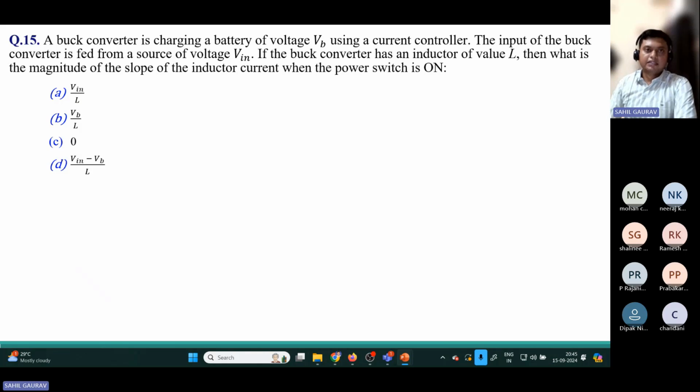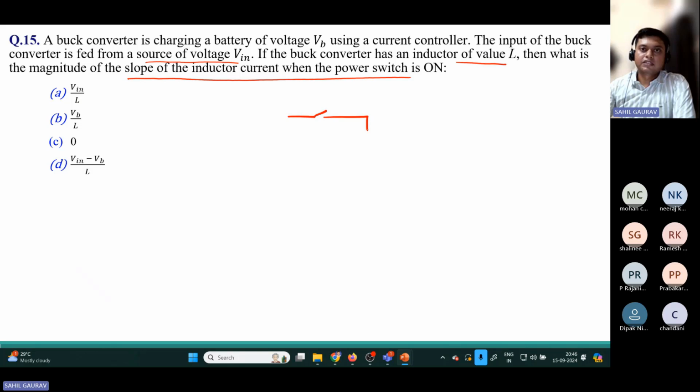Next part: a buck converter is charging a battery of voltage V using a current control. The input of the buck converter is fed from a source of voltage V in. If the buck converter has an inductor of value L, then what is the magnitude of the slope of the inductor current when the power switch is on? We all know the buck converter configuration. So during the on condition, the diode will be reverse biased.